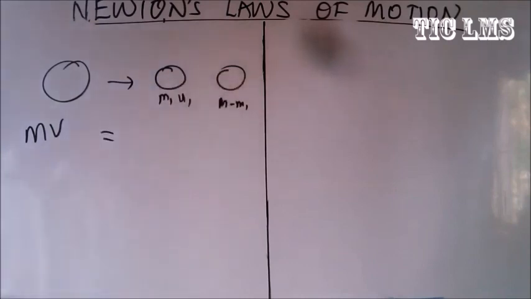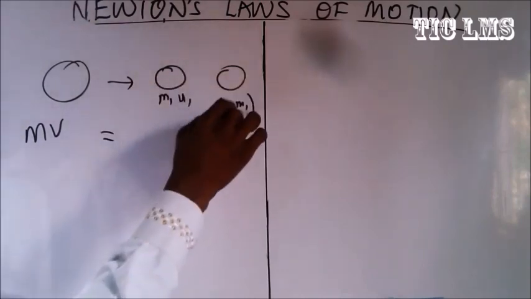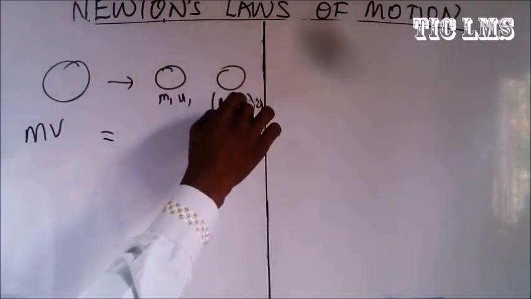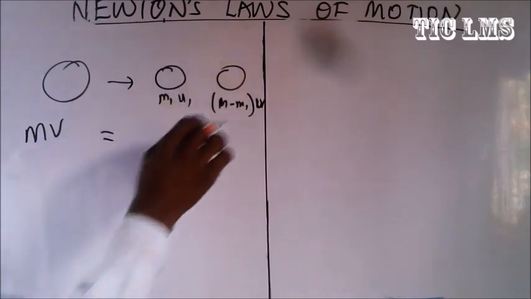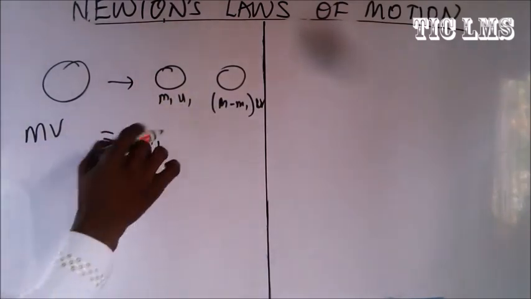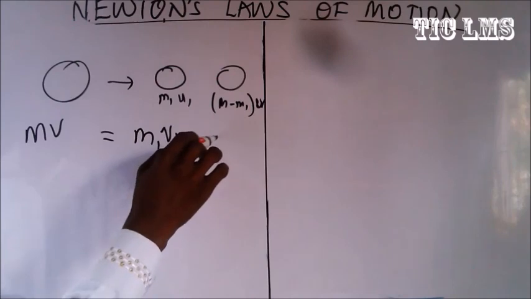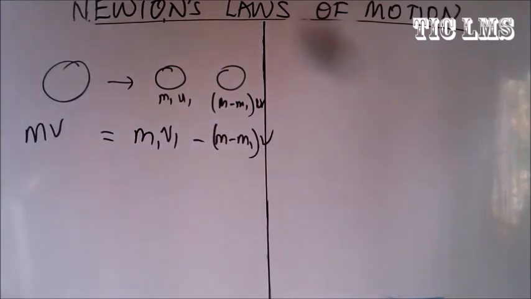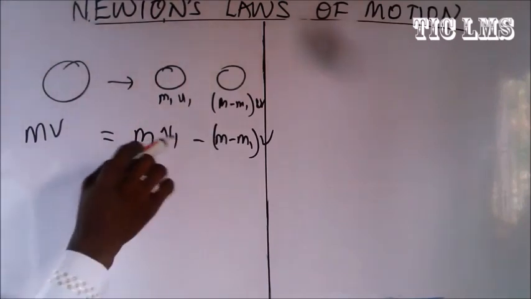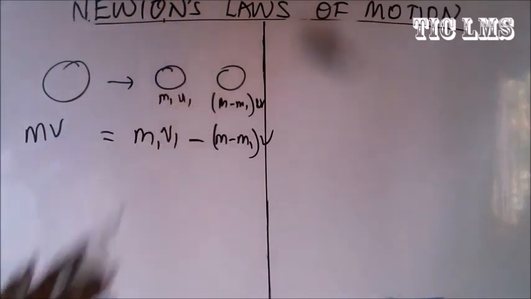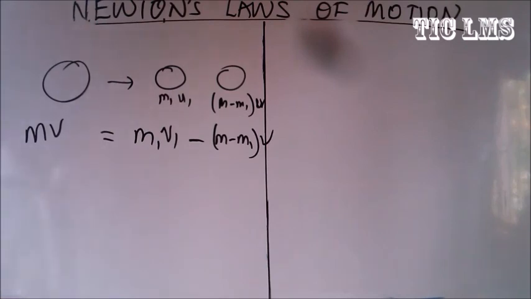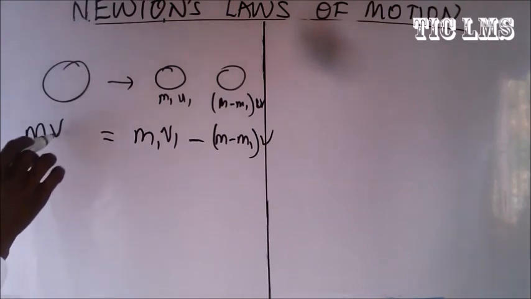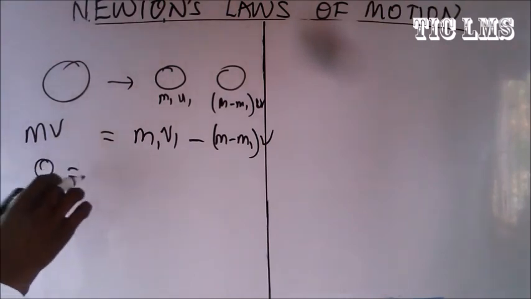So when you subtract it, you get this. Then multiply by its own velocity. And so we'll have it that m1 v1 minus m1 times v. Now we are using minus here because they split apart. Now from the information, the body was at rest, so the initial velocity is 0.